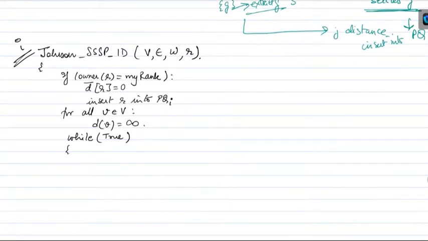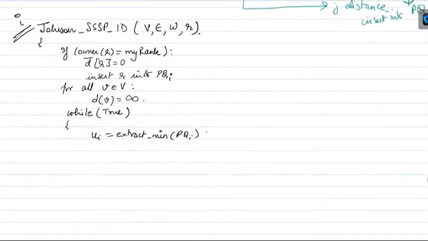So we've already seen this before. Okay, what do I do now? Let me extract min from priority queue I. So extract the min element, and for that min element, I'm going to set D of UI equal to D bar of UI.